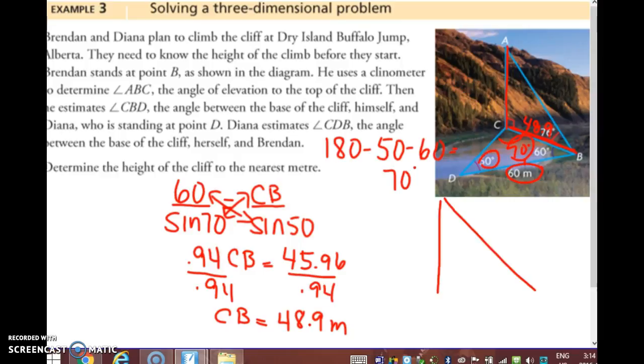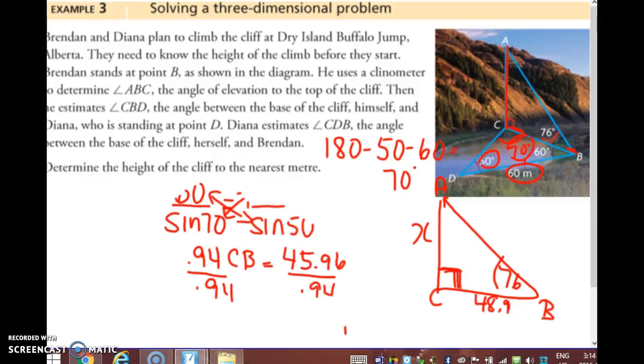If you notice this triangle here, this is a right triangle. So I'll just draw this triangle out here. That's a right triangle, so we can go back and use the information we remember for right triangles. This distance was 48.9. This was C, B, this is A. What we want is the height of the triangle. And this angle is 76. So we can go back and use our SOHCAHTOA information.